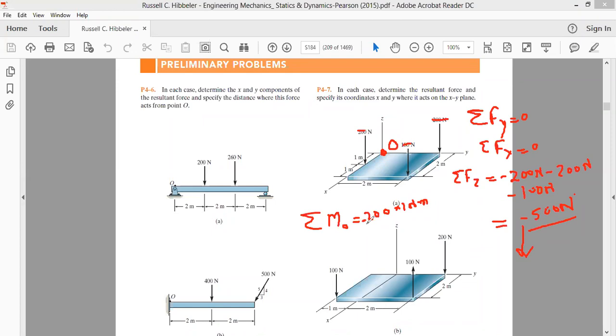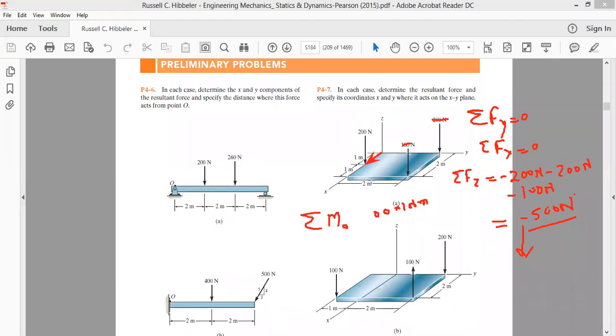Again, we have to be very careful about the direction here. We are calculating the moments of the 200 Newton force from point O, so our radius vector will be from point O to the line of action of the force.